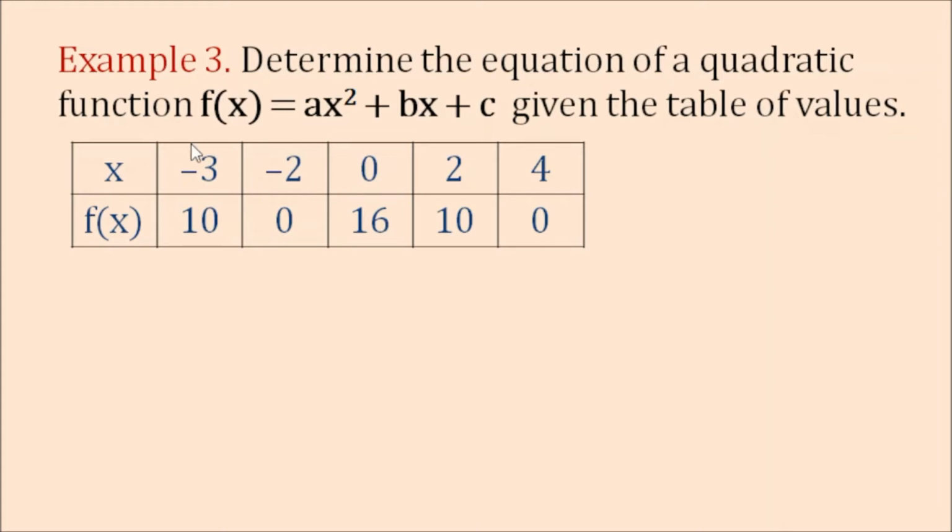Looking at the coordinates, we can see that when x is 0, f of x equals 16. Meaning to say, if we are going to substitute the x's we have here with 0, it becomes a times 0 squared plus b times 0, this expression here will become 0.